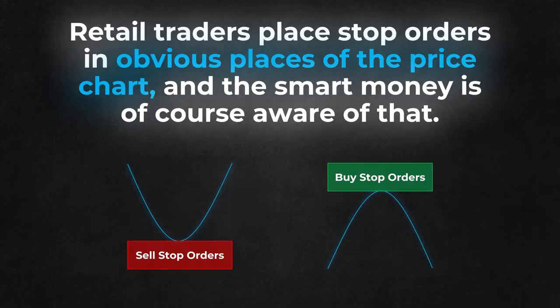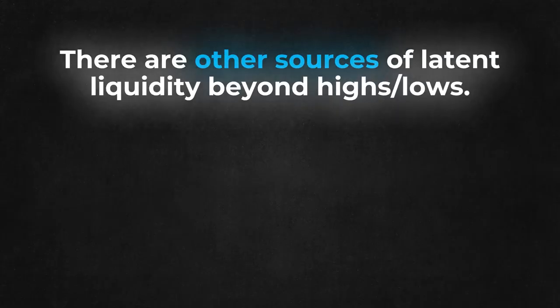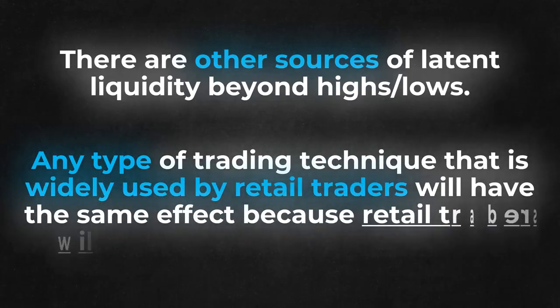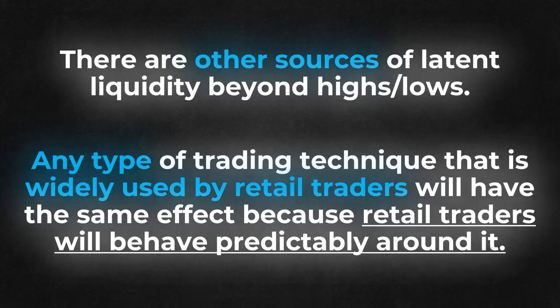Retail traders often overlook the fact that highs and lows are not the only source of latent retail liquidity in the chart. These are the most obvious of the latent liquidity sources. The bottom line is that any type of trading technique that is widely used by retail traders will have the same effect because retail traders will behave predictably around it.